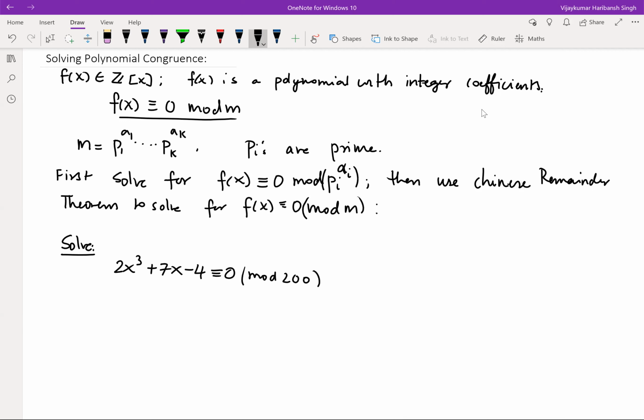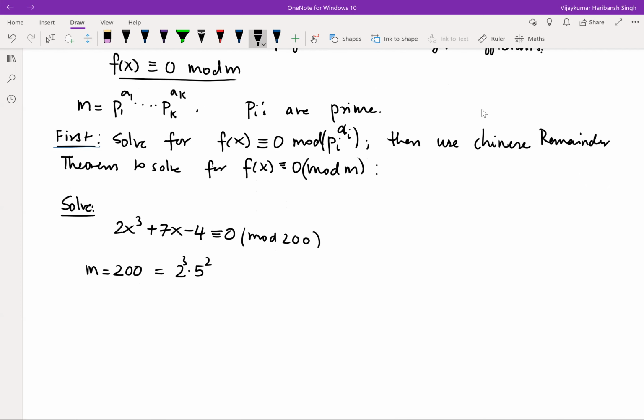So again, the first step is to solve f of x congruent to 0 mod pi to the power ai. So let's see, your m here is 200, which is the same as 2 cubed times 5 squared. And we want to solve now 2x cubed plus 7x minus 4 congruent to 0 mod 200.